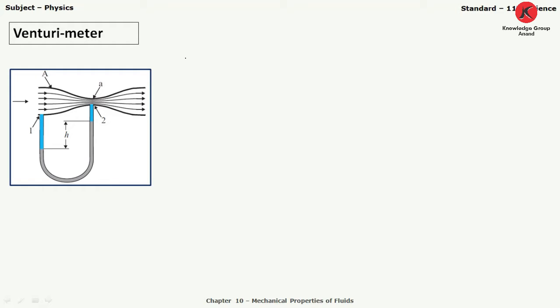So I am writing over here. Function of Venturi meter. The function is to measure.